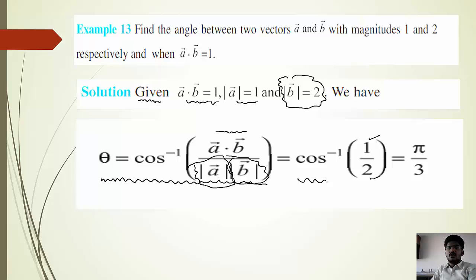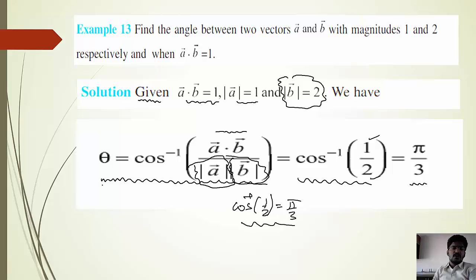Therefore you are going to get cos inverse of 1 by 2. Therefore the angle will be 60 degree, that is nothing but pi by 3, because we know that cos inverse of 1 by 2 is equal to pi by 3, that is 60 degree.